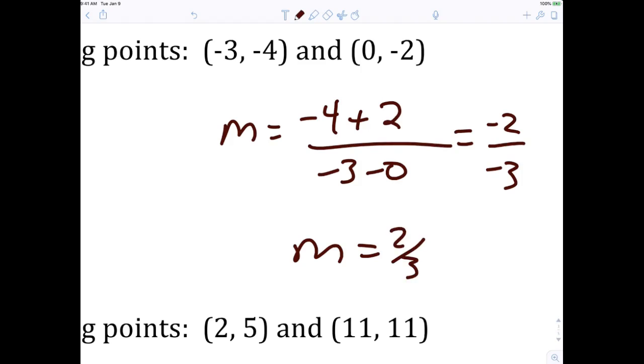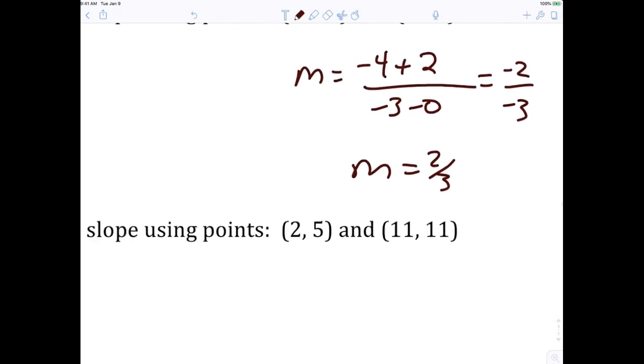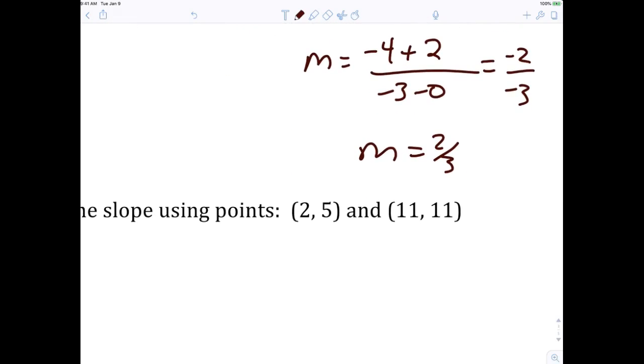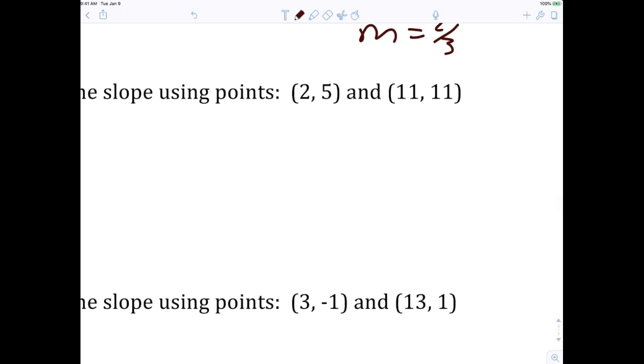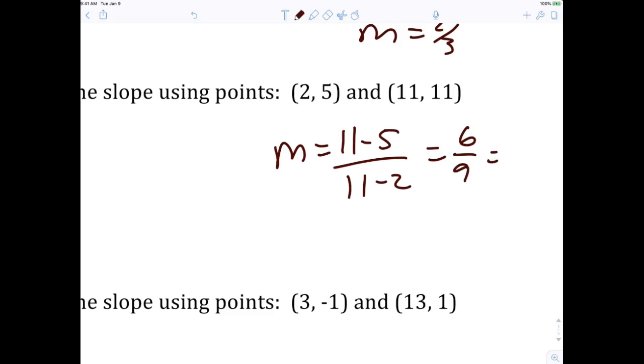Easy, easy. Sorry, guys, I'll move it up. See it? Everybody good? All right, next. You do 11 minus 5, and then 11 minus 2, and that's 6 over 9, and then you reduce it. Beautiful.